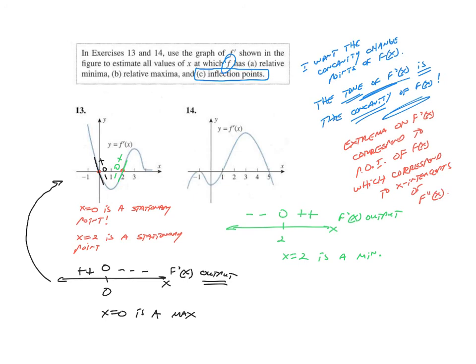All right, so looking at that, I'm going to estimate that x equals 1 is a point of inflection, and x equals 3, point of inflection, both of these on f of x.